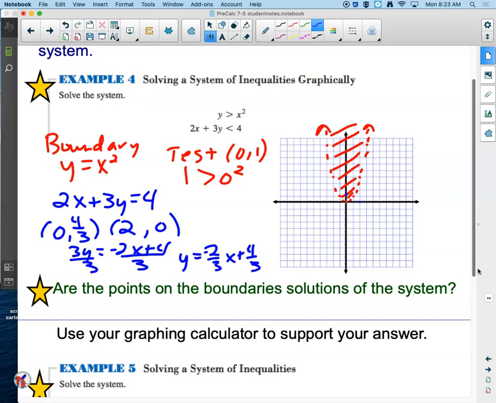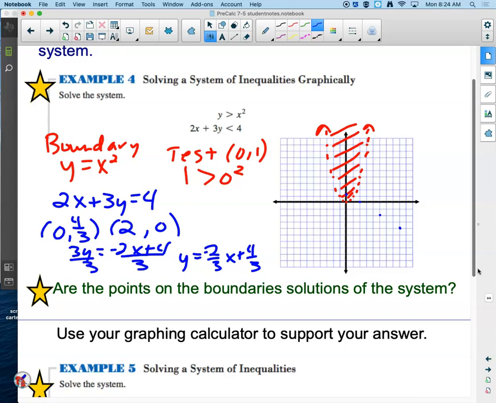Well, double check. We're sure our 0, 4/3 is right, but now we also have the slope. From either one of those 2 points now, we could go down 2 and right 3. And that gives you a much better look at where the line is going, what the slope is.